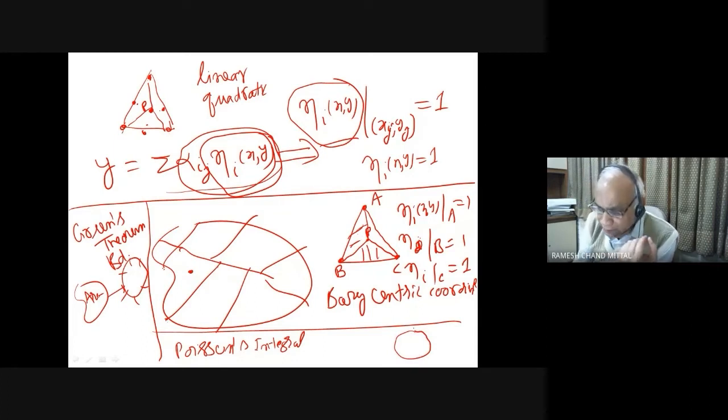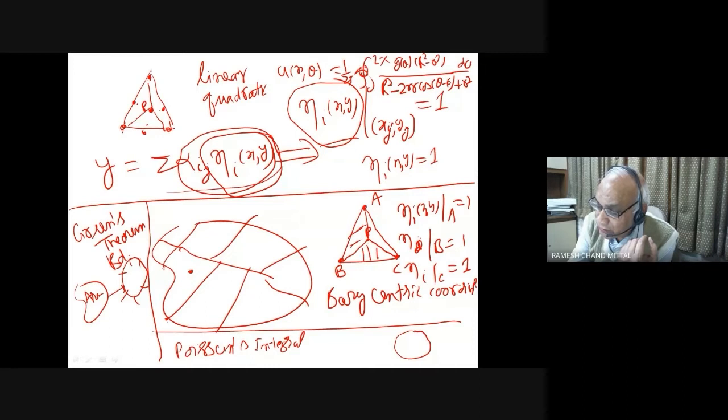If I write my solution u(r, theta) in the Poisson integral, it is the integral from 0 to 2 pi of 1 upon 2 pi, g(phi), which is given on the boundary, times R squared minus small r squared upon R squared minus 2 R r cosine(theta minus phi) plus small r squared.